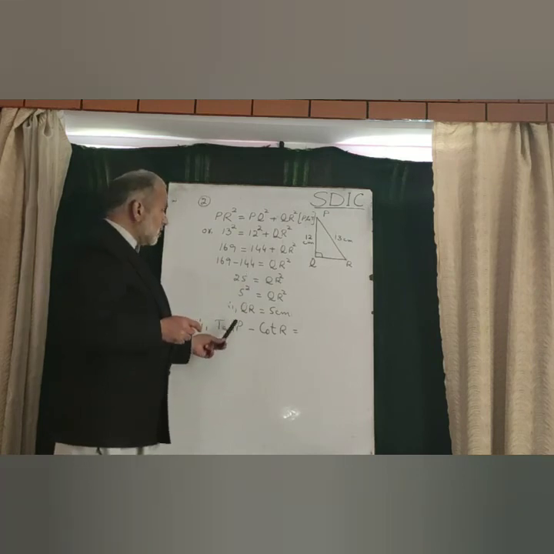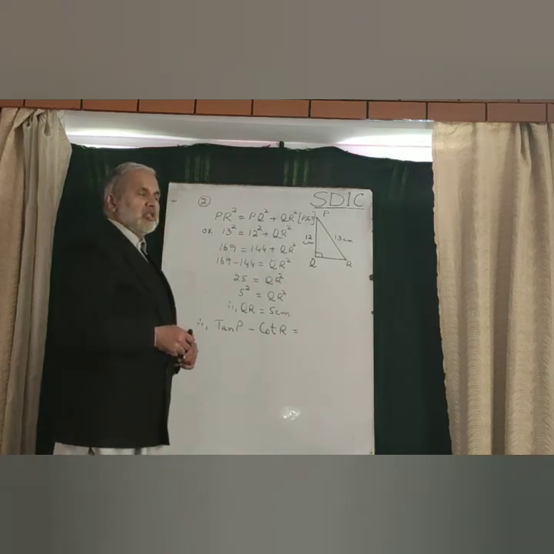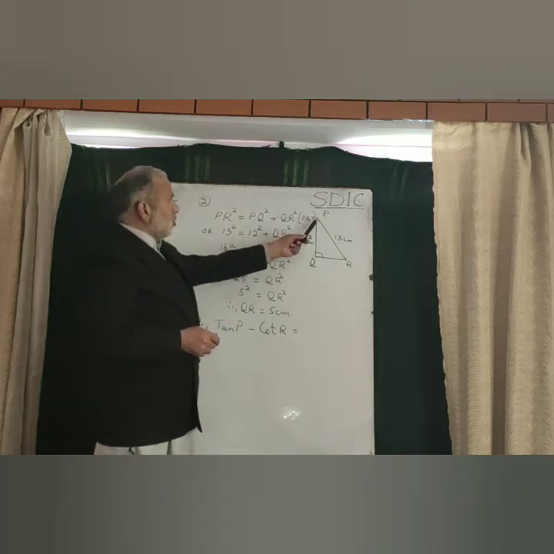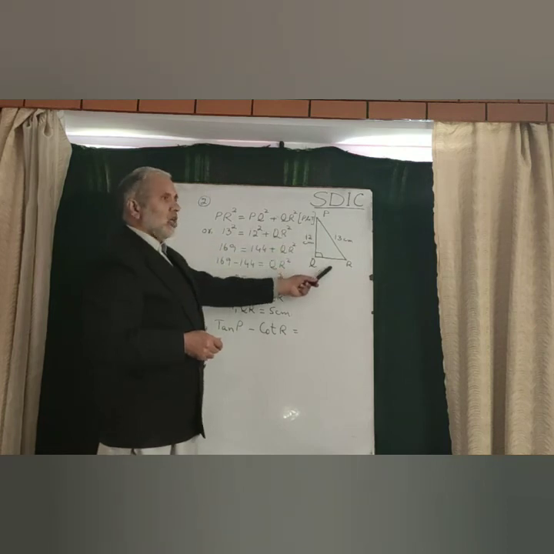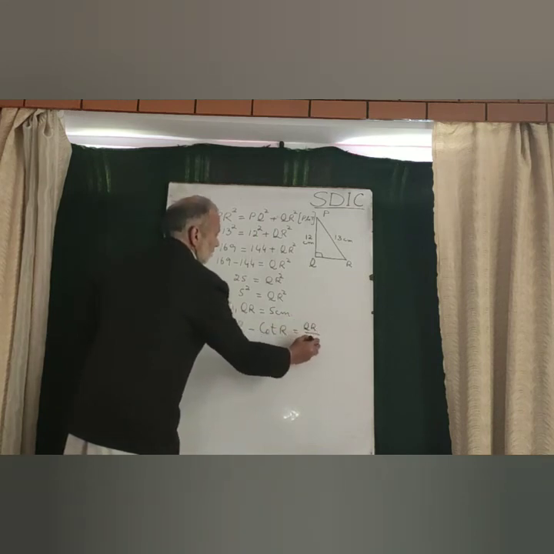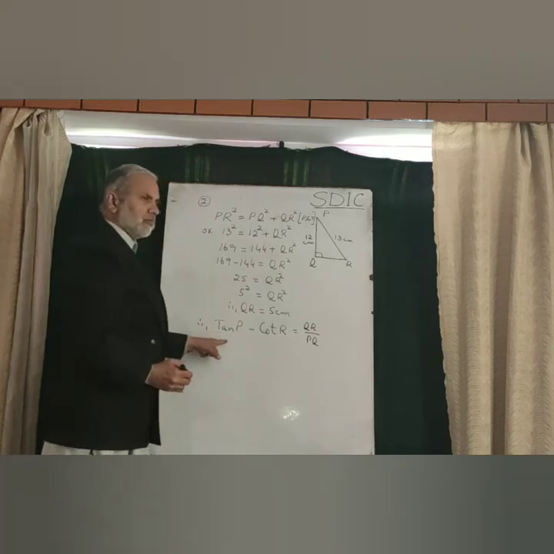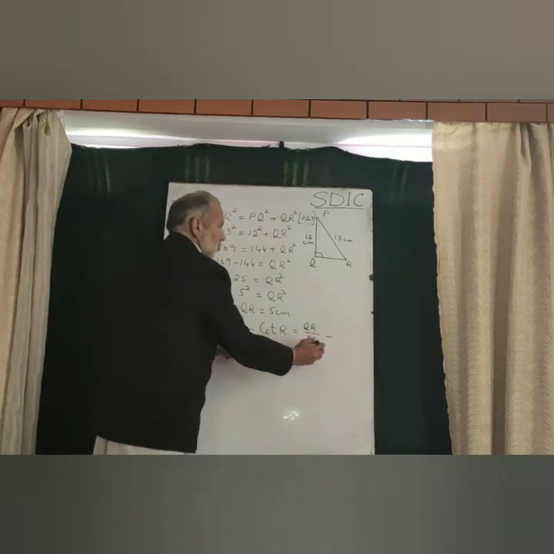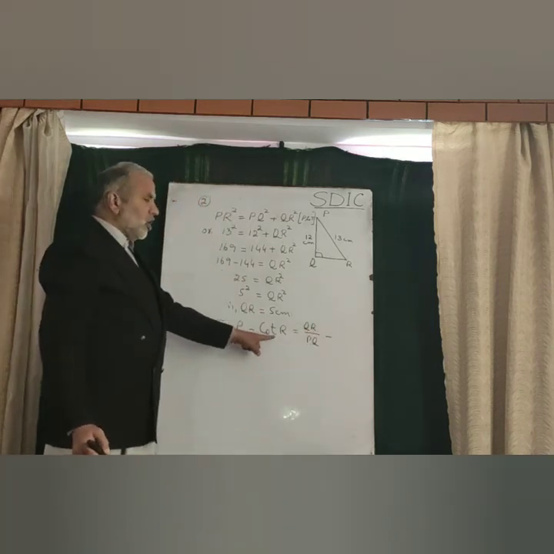Now tan P, with respect to acute angle P, I have to choose the perpendicular and base. Perpendicular with respect to P is QR, opposite side. Base is PQ, so it is QR by PQ for tan P. Minus, likewise cot.